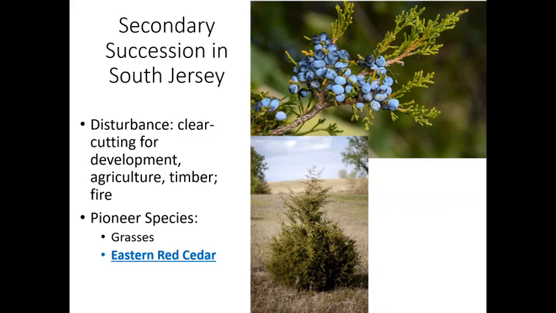Okay, also, they grow really quickly. So 1 to 2 feet every year they're able to grow, and so within just a couple years after a disturbance, you see a shrubland of these eastern red cedars.